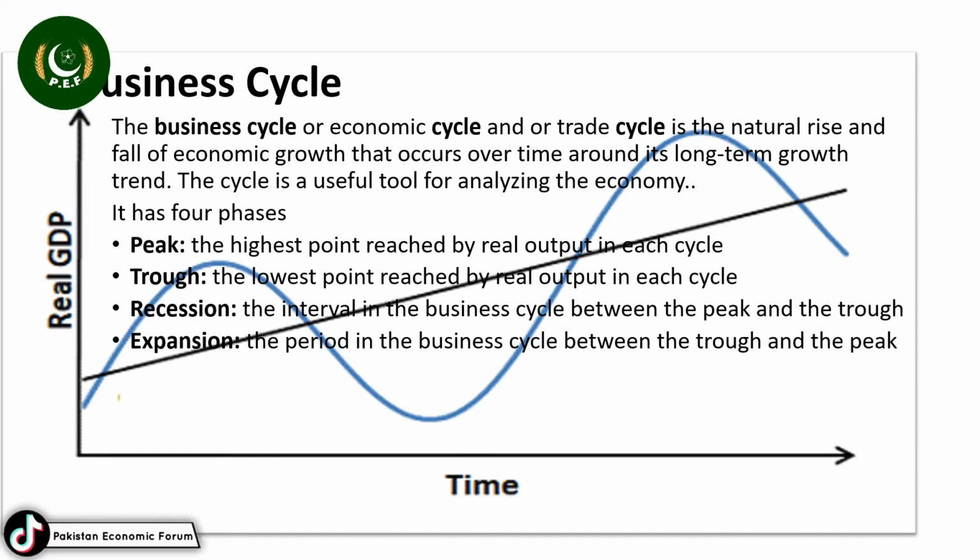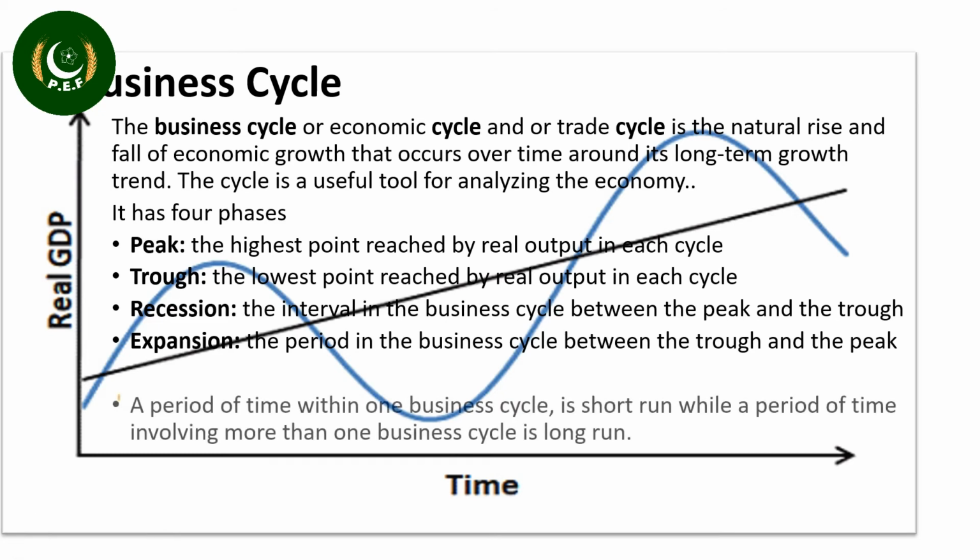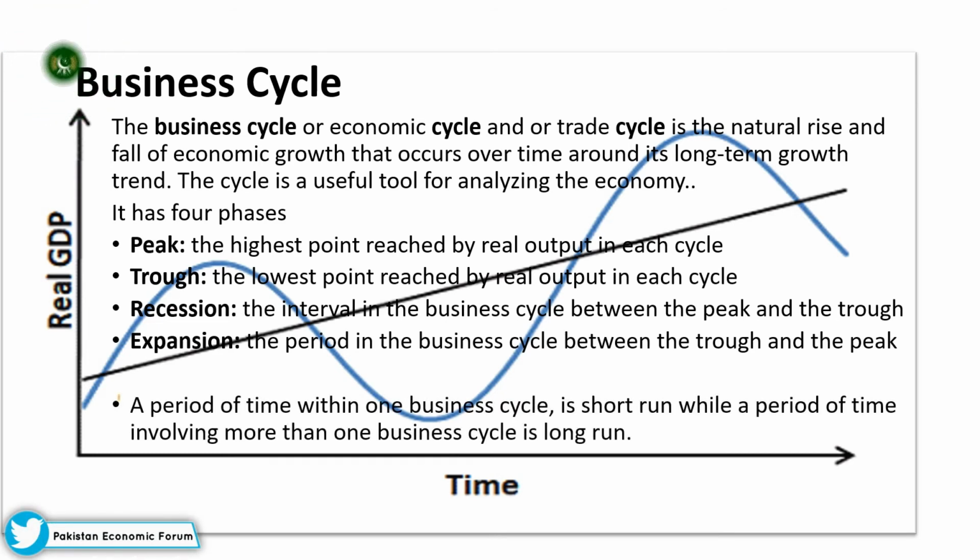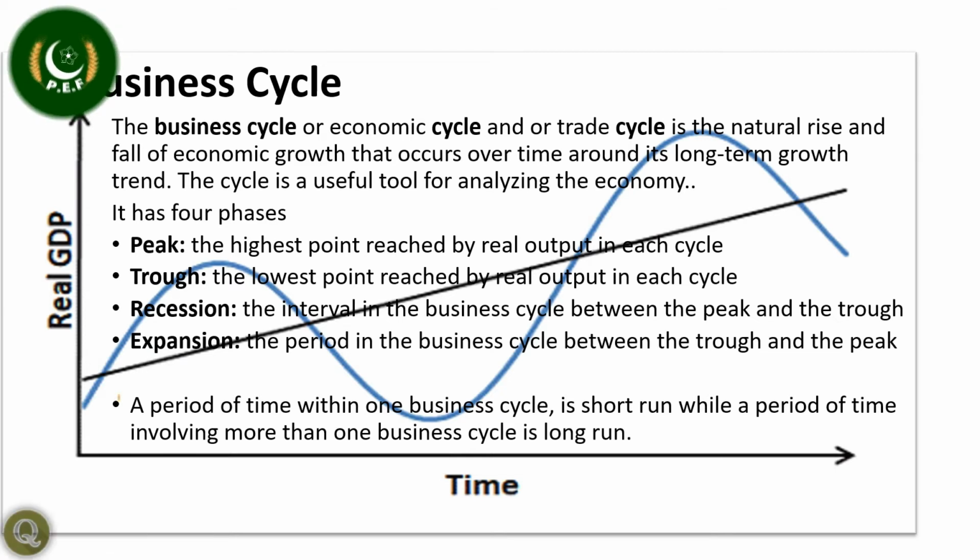A period of time within one business cycle is the short run, while a period of time involving more than one business cycle is termed as the long run in macroeconomics. Remember, these terms are somewhat different from those in microeconomics.